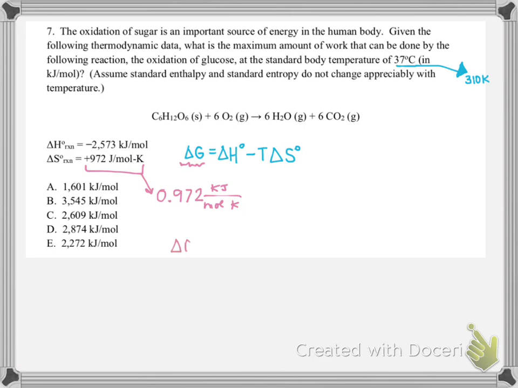We'll have delta G equal to minus 2573 kilojoules per mole for our enthalpy, minus our temperature in Kelvin, times our delta S in the proper units.